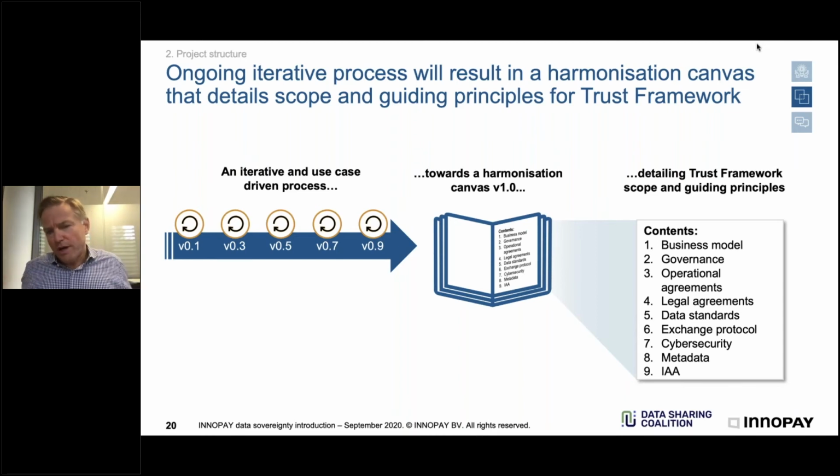So today we are in the phase that all these initiatives are working together based on use cases to define what can we harmonize and what can we reuse, in such a way that it becomes easier to exchange between sectors, but also for new initiatives to get going, because you don't need to invent everything yourself anymore.